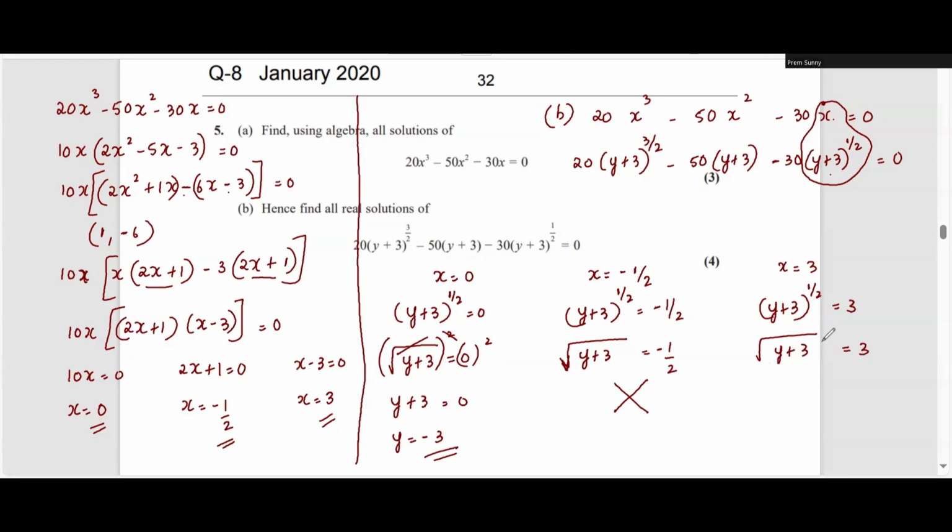To remove the square root, we square both sides, and square root and square get cancelled. y plus 3 equals 3 squared. 3 squared is 9. Now, 3 goes to the other side. So 9 minus 3, y equals 6. y equals minus 3 and y equals 6 will be our final answer.